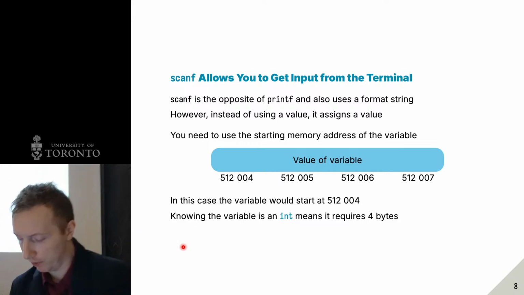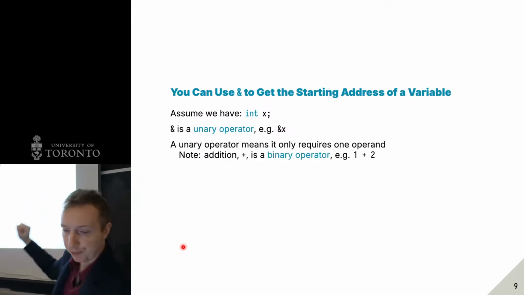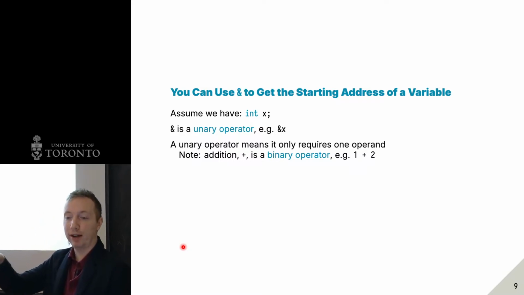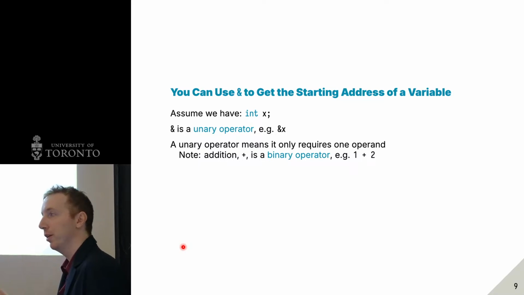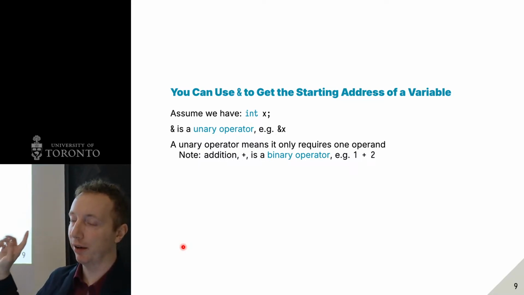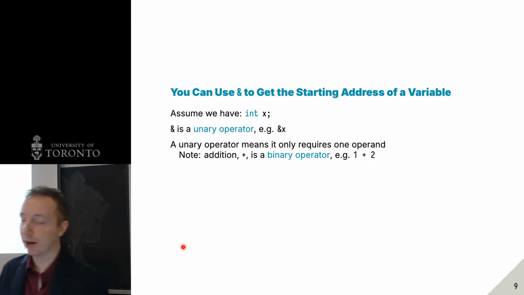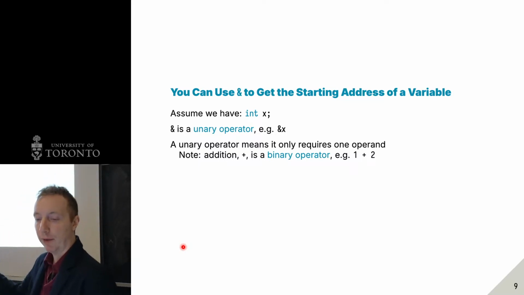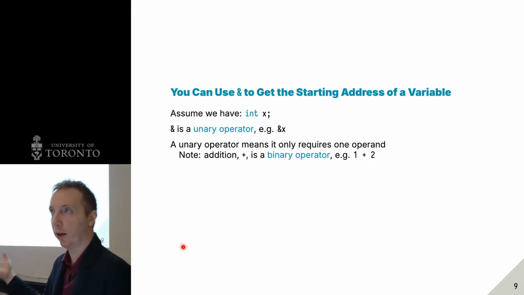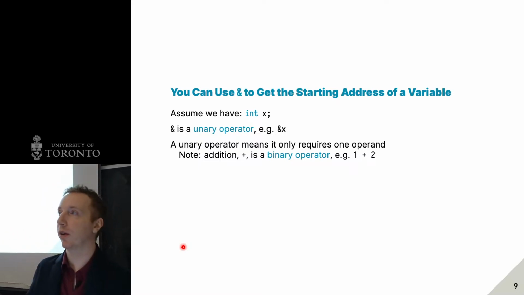You can use an ampersand on a variable to get the starting address of a variable. We will come back to this about halfway through the course. So just know that ampersand and then the name of a variable gets the starting address of the variable.